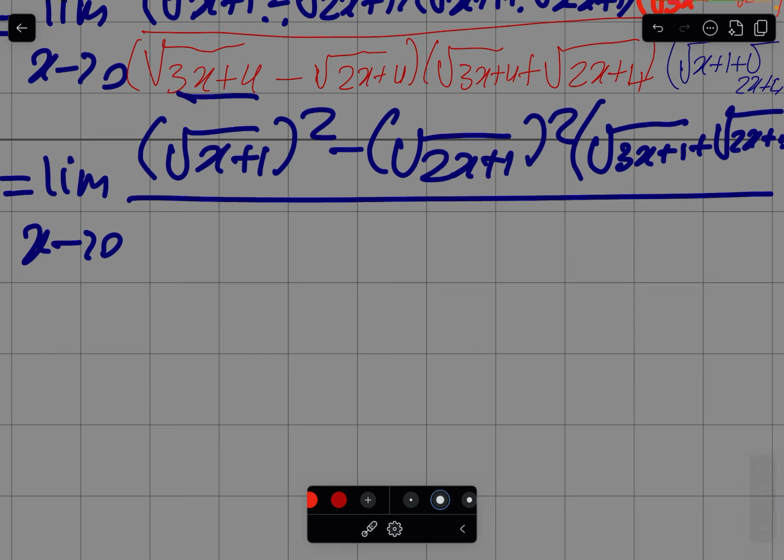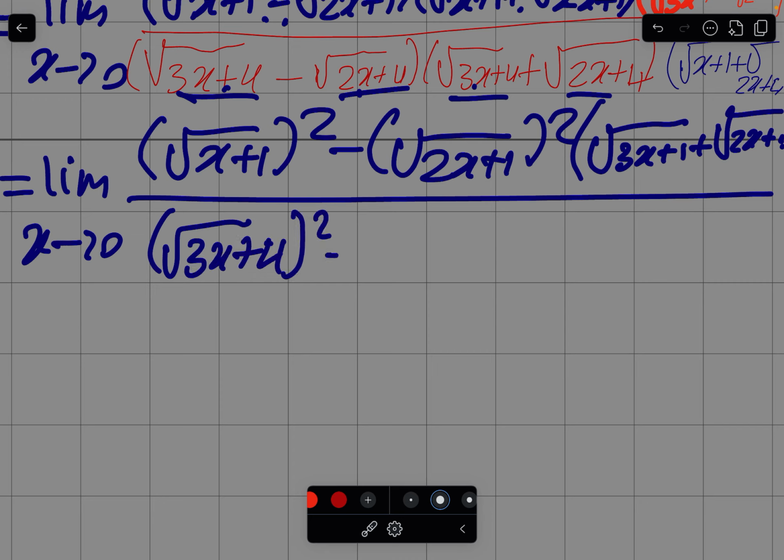Even here you have a difference between two squares, a minus b, a plus b. You're going to square everything, which means you're going to have square root of 3x plus 4 all squared minus square root of 2x plus 4 all squared.